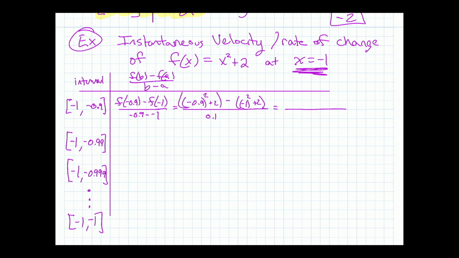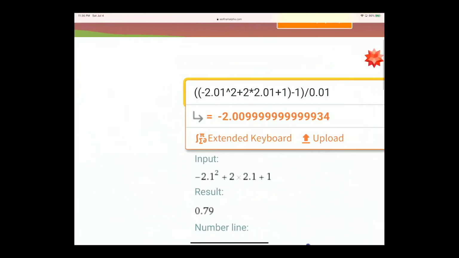The second one I think we can probably work out by hand here. -1 squared is 1, 1 plus 2 is 3, so 3. The other one is going to be 0.9 squared plus 2. Let's head over here.